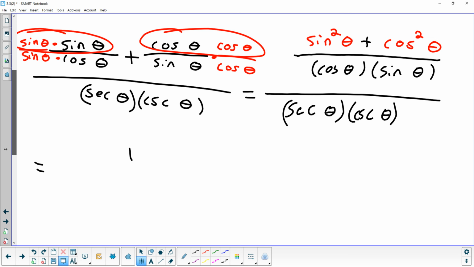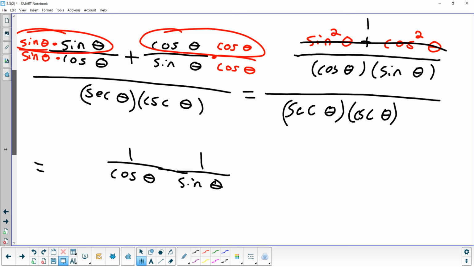Now, if you want, you can write it like this. We're going to have a 1 in the top. All that's going to disappear. Is that the same thing as just putting a 1 in the middle like that? What do you think?